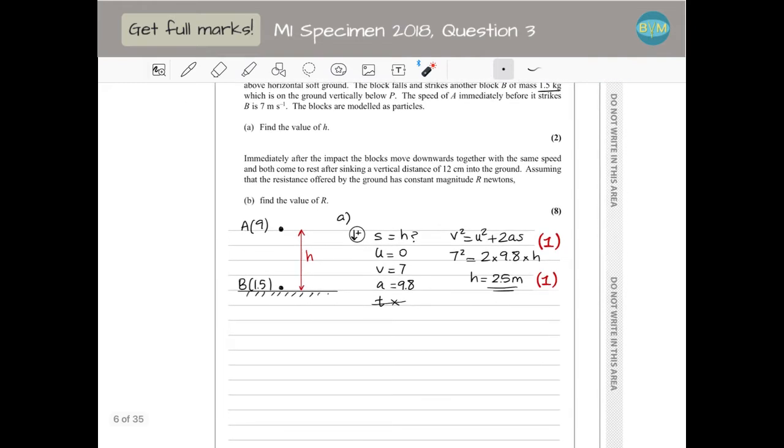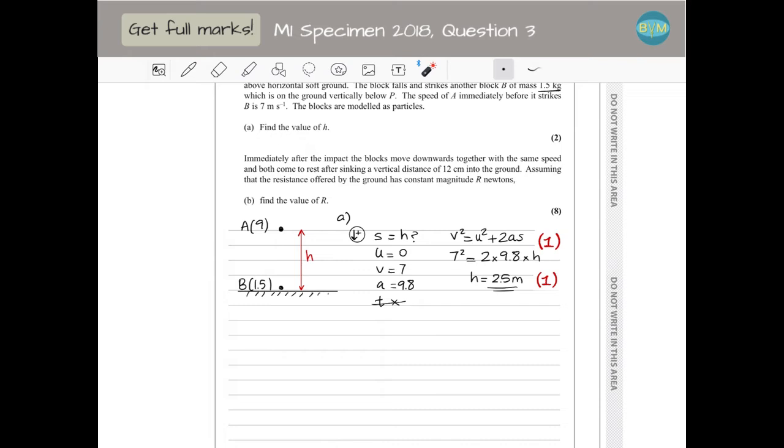But to find the deceleration, we are going to see what the initial speed is, because we know the final speed. The final speed is 0 because it stops, it comes to rest. We know the displacement is 12 centimeters. So if we know displacement, we can find acceleration, if we know the initial velocity and the final velocity. Final velocity is 0.